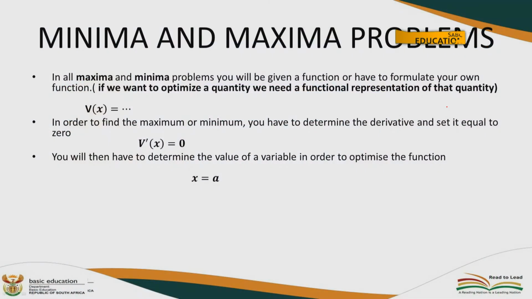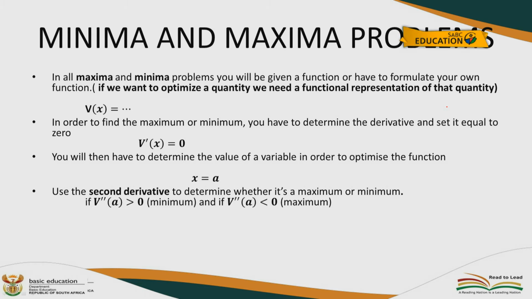All right, so that is what you will need to do to determine a variable in order to optimize your function. Now, once we have done that, I now know that the value of x, where you are either going to have a minimum or maximum, is equal to 2. But as it stands, I do not know whether my area is going to be a minimum or a maximum.